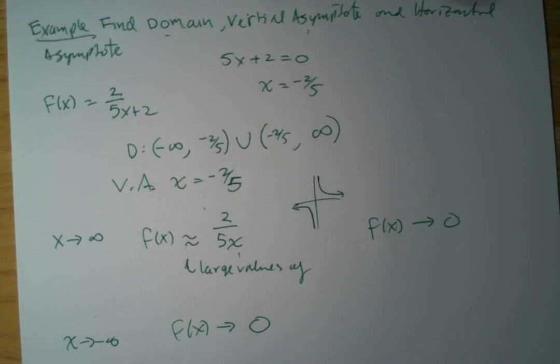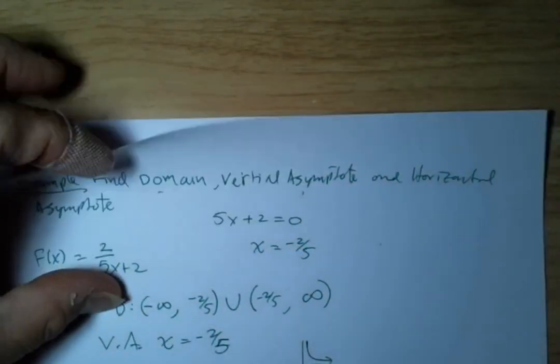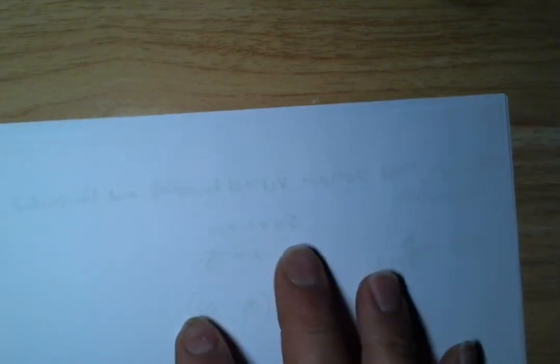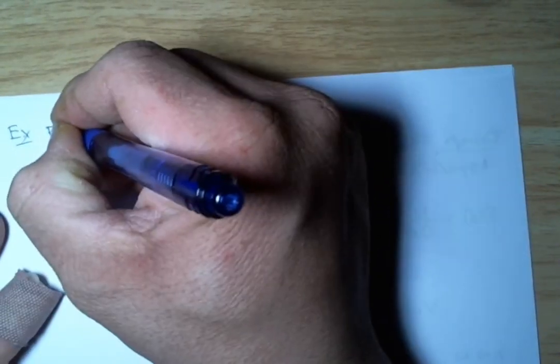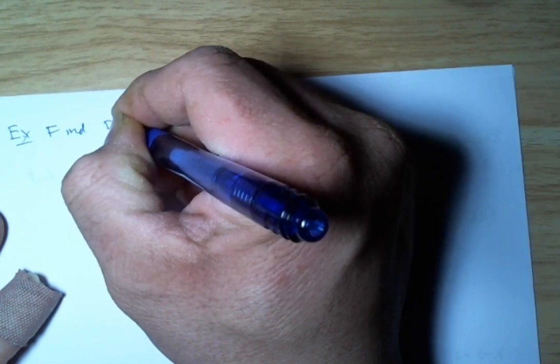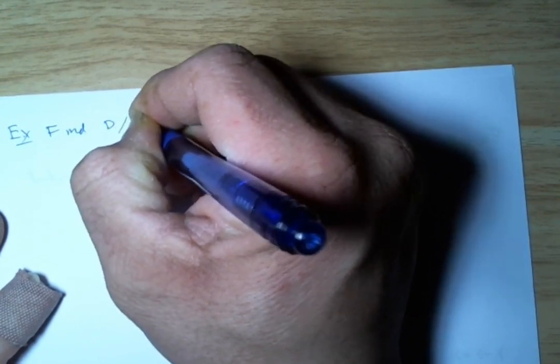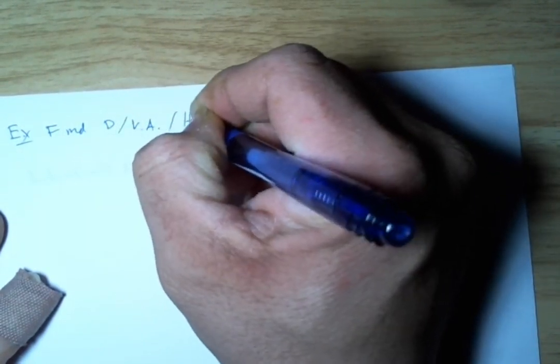Okay, let's do another example. Our goal here is the same thing. For this example, I want to find the domain, vertical asymptotes, and horizontal asymptotes.